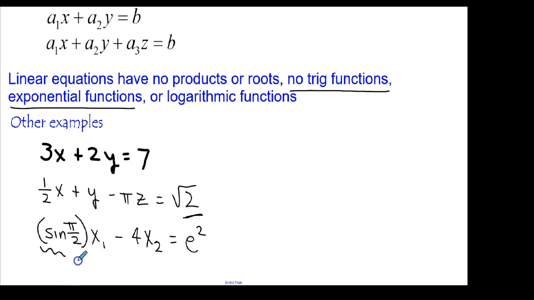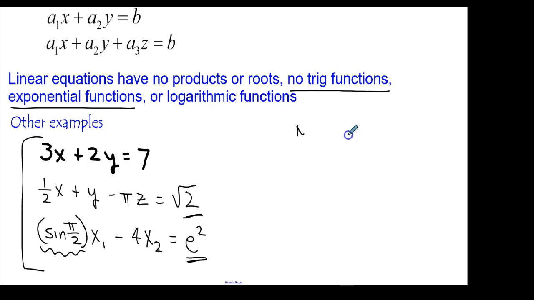This is a number. The sine of pi over 2 we know to be 1. e squared is also a number. It is not a function. e squared is our irrational number e, approximately 2.718, raised to the 2nd power. So all 3 of these do represent linear equations.